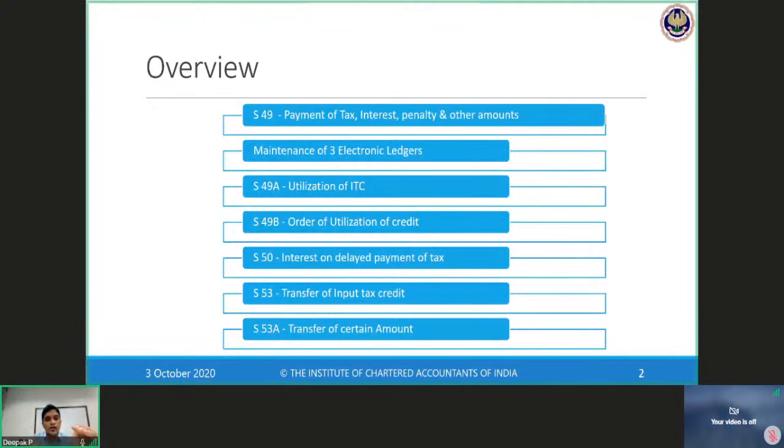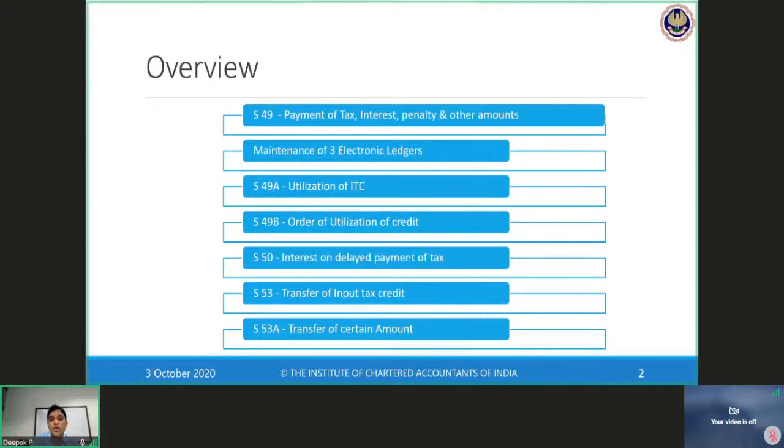But there are no separate sections for other utilizations. 49A and 49B give utilization because there was some confusion on how to utilize the credit. It used to happen that I used to utilize only IGST, then other credit used to get blocked. That's the reason the government said we will bring up this amendment so that it gives a better utilization procedure for the taxpayers.